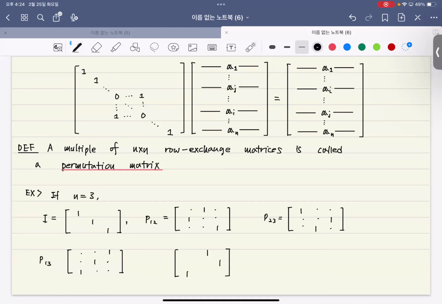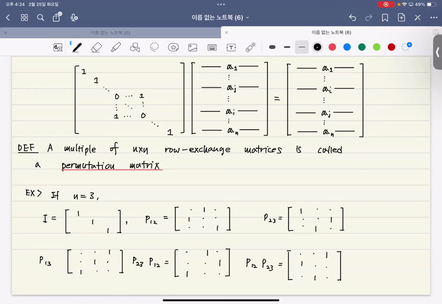One must be the product of P1,2 and P2,3, and the other has to be the product of P2,3 and P1,2. So okay, I have these 6 different permutation matrices. Sorry, I wasted too much time on this, but anyway, these are permutation matrices.